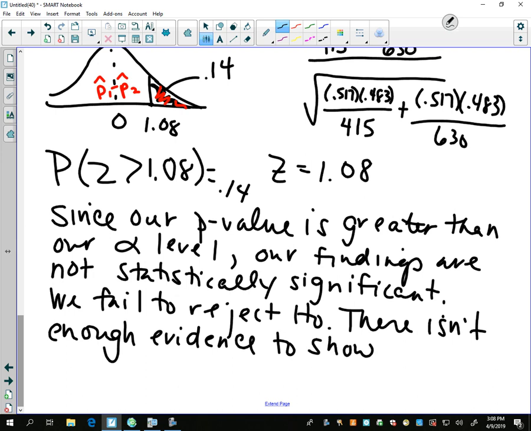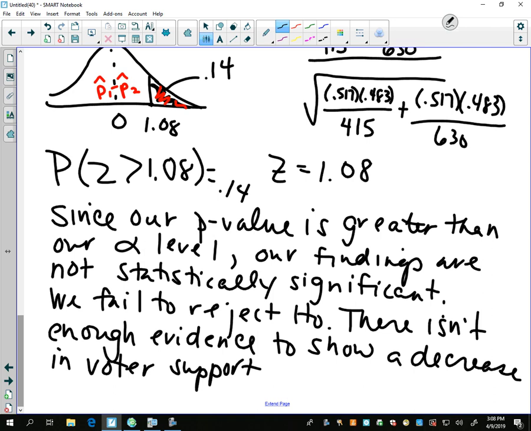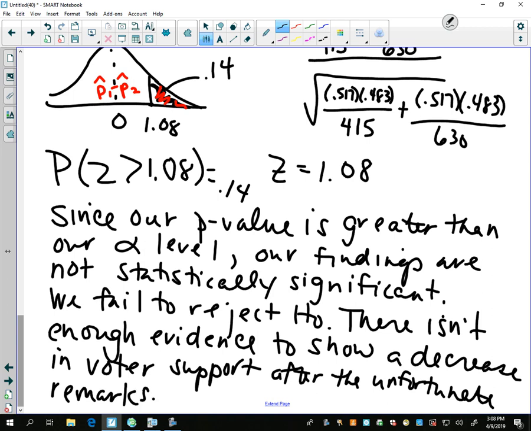There isn't enough evidence to show a decrease in voter support after the unfortunate remarks. Okay. I think they called it unfortunate remarks, right? Did I say unfortunate remarks? Let's see. Yes, unfortunate remarks.